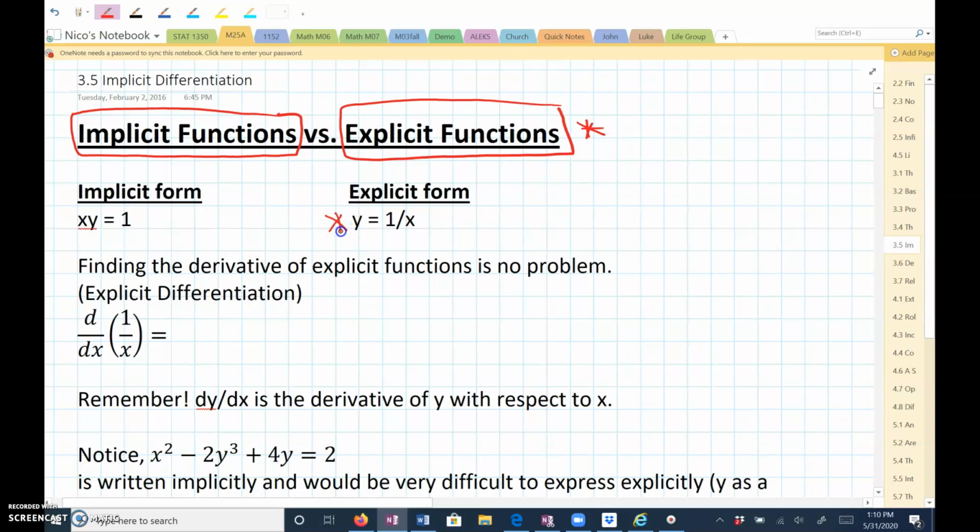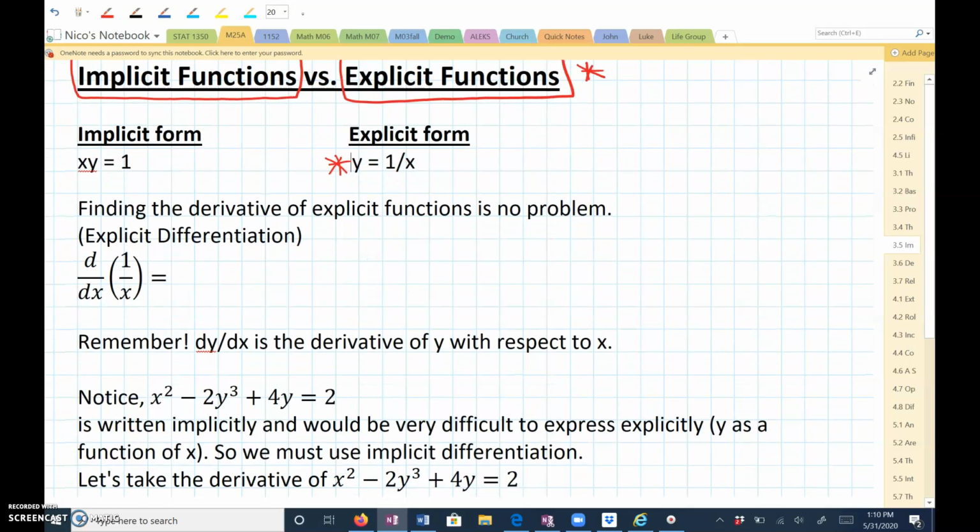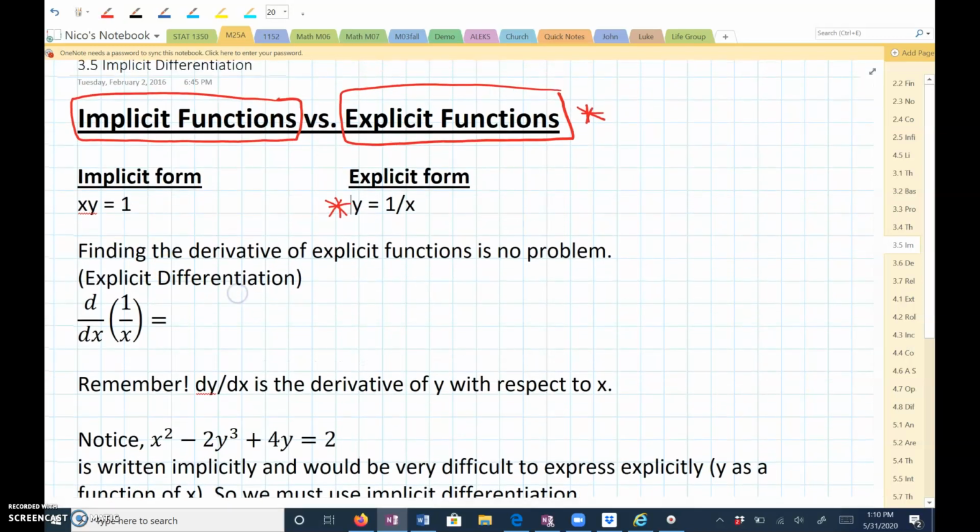Implicit function is when x and y are on the same side of the equation, or basically any equation where y isn't solved for. So that's the difference there.